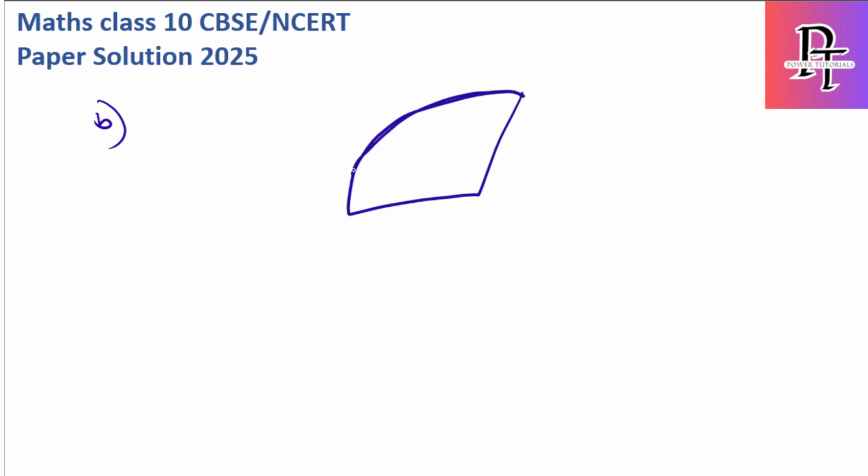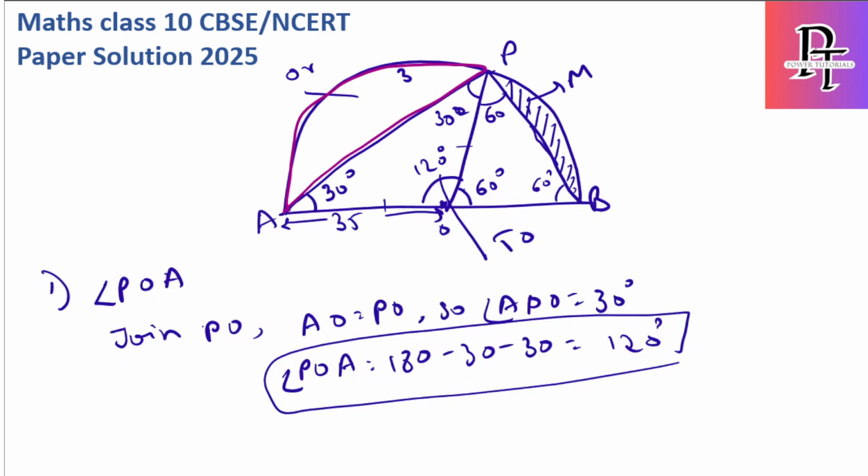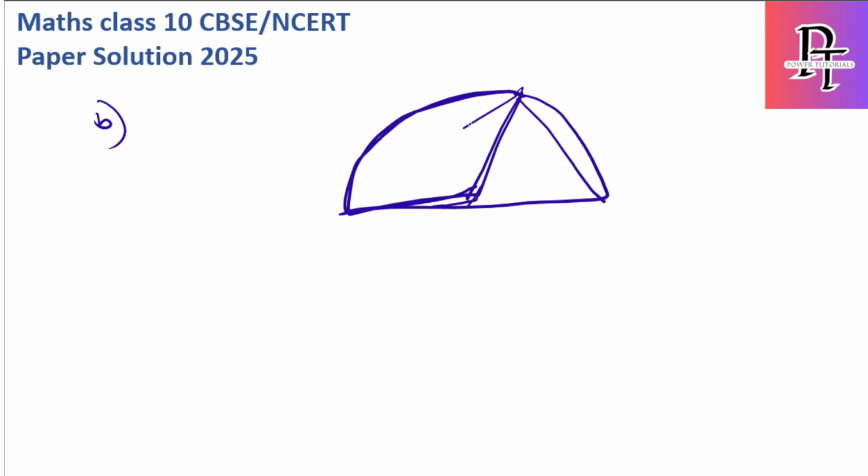I need to find this whole length as well as this length. They're asking to find this one, not this.